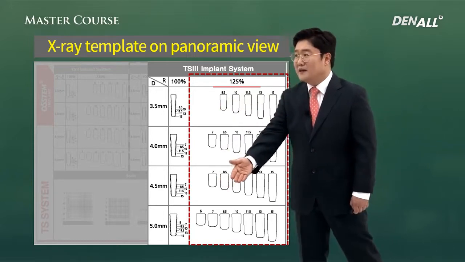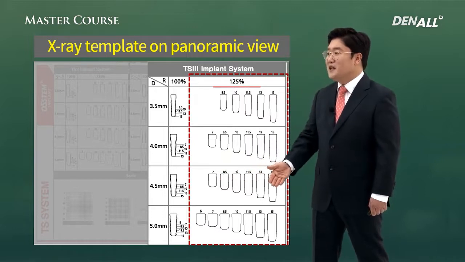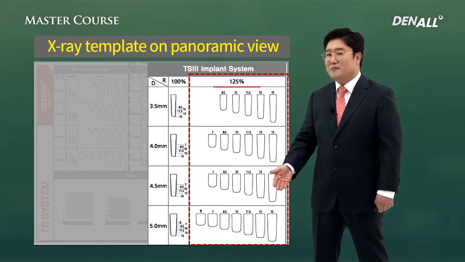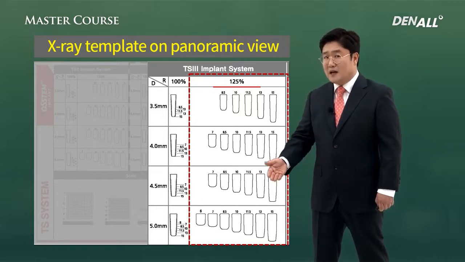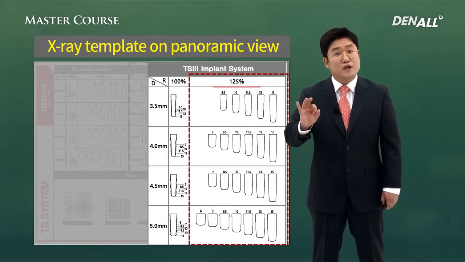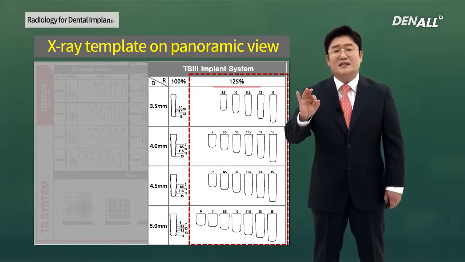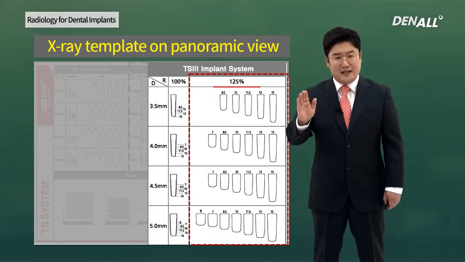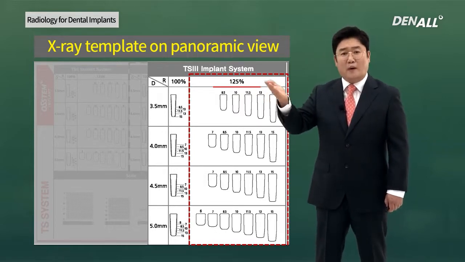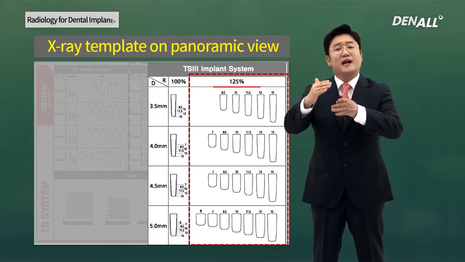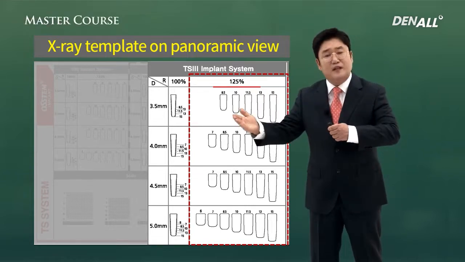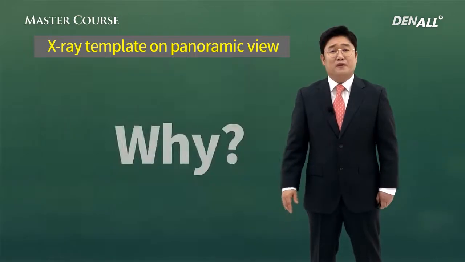For another example, 4.5 diameter, 10 millimeter long implant looks like this. The fixtures shown on the X-ray template are not the actual sizes. As is indicated here, it is 125% bigger than the actual size. 25% amplification is done here.